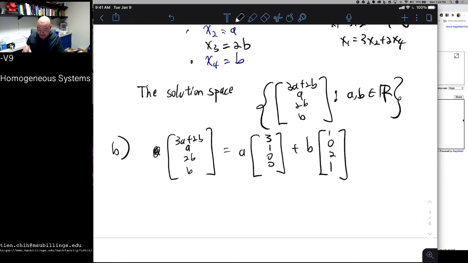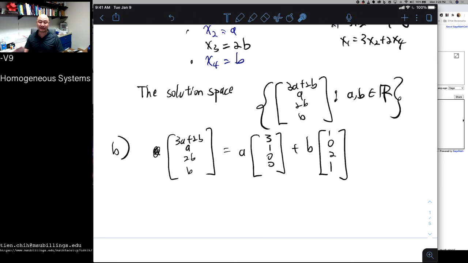And as a result of that, every single thing in the solution space is written as a linear combination of these two vectors. And more importantly, it's pretty clear that neither of these vectors is a linear combination of the other, because there are zeros in these coordinates, there are no zeros in those coordinates, and same here.